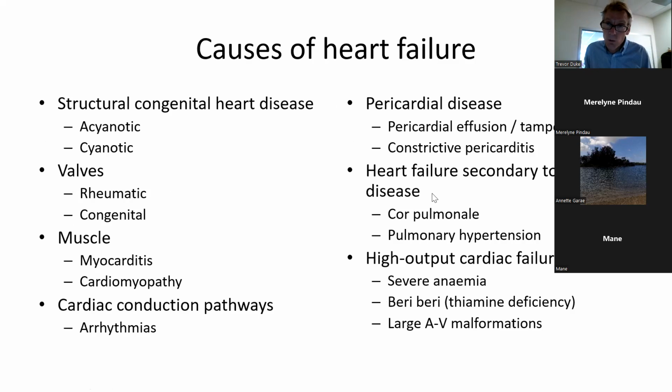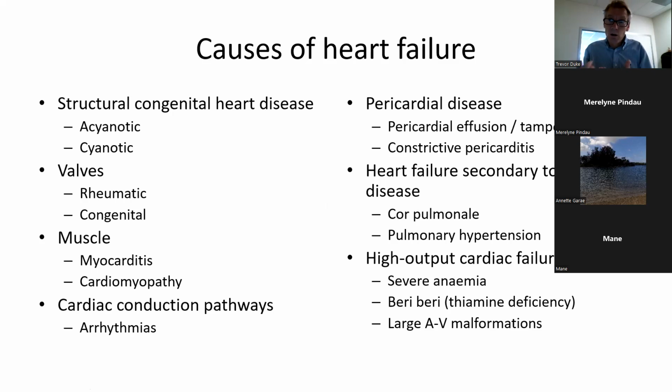When we think about the causes of heart failure, I'm going to talk predominantly today about acyanotic heart disease, where there's largely a problem with the left ventricle, so left to right shunts particularly. But when we think about heart failure, I think it's useful to consider all the different structures of the heart.